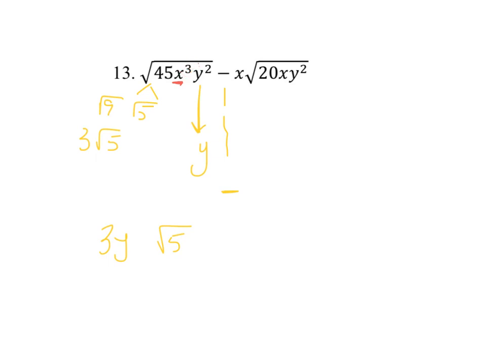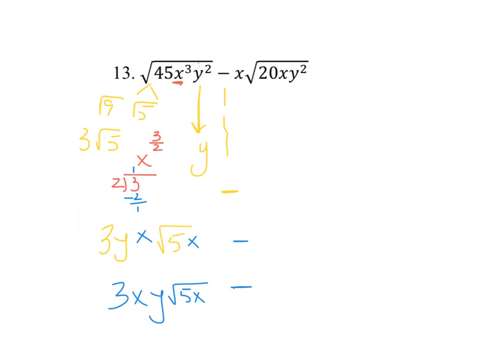Remember we talked about doing power over root. This does not divide evenly, so what we have to do is do some long division. So 2 goes into 3 once with 1 left over, which means that 1 x comes out and 1 x stays in. So that's simplified now. We have 3xy rad 5x minus.